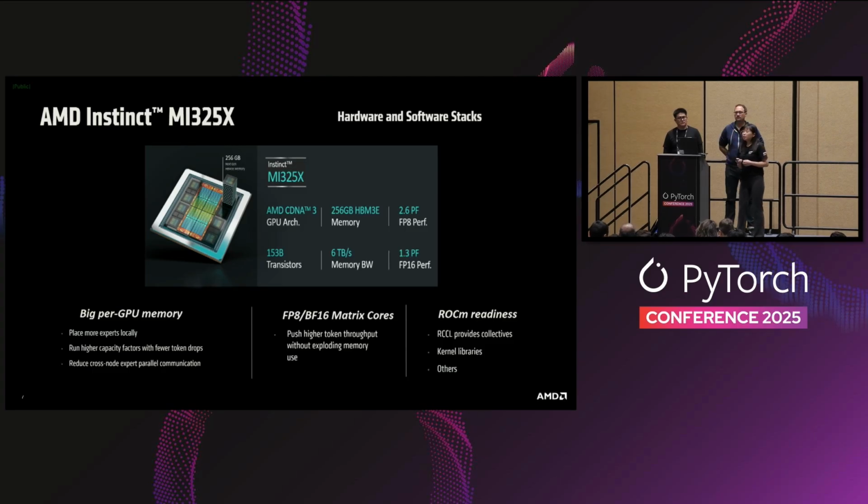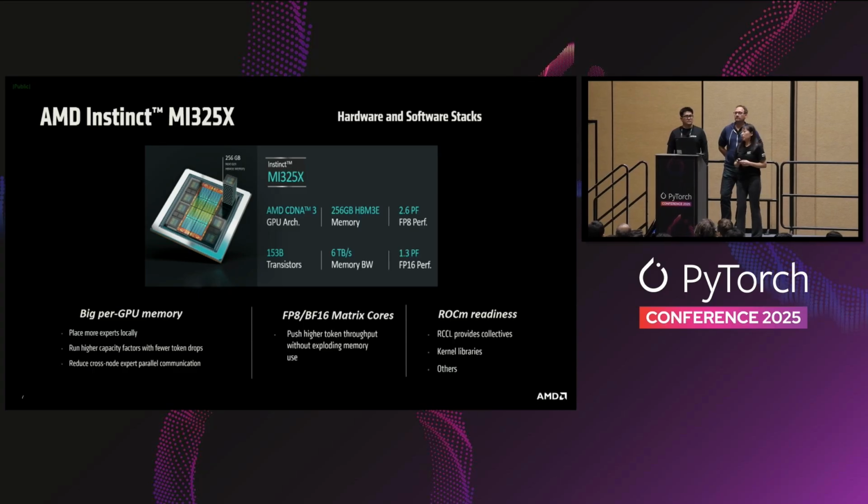The big per-GPU memory is super important for MoE pre-training because we can place a lot of experts locally on each GPU. We can also run higher capacities with lower token drop. Therefore, we can reduce the cross-node expert parallel communications significantly.